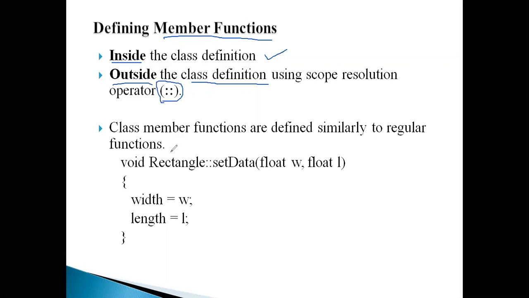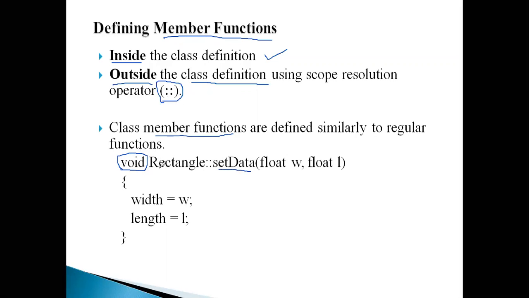Now look at this, how we define a member function outside of the class. In order to define a function outside of the class, first of all, you have to use the return data type. Here the return data type is void, which indicates that this function setData does not return any value.